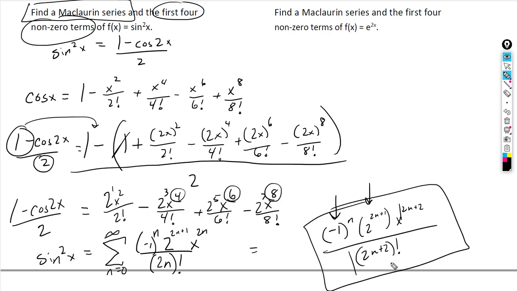And the reason why I did 2n plus 2 to both of them is because if n was 0, this would be x squared over 2 factorial, which is what I have here. If n was 1, this would be x to the 4 over 4 factorial, which is what I have here. If n was 2, this would be x to the 6th over 6 factorial, and that's what I have on the third term.